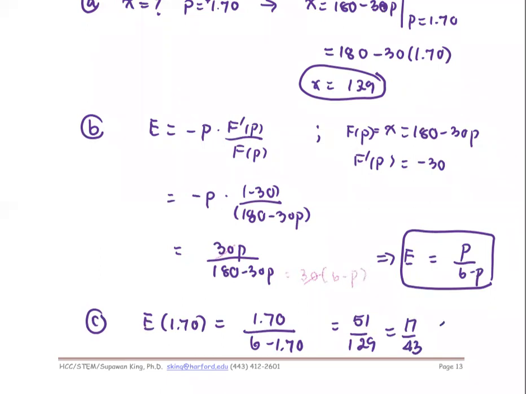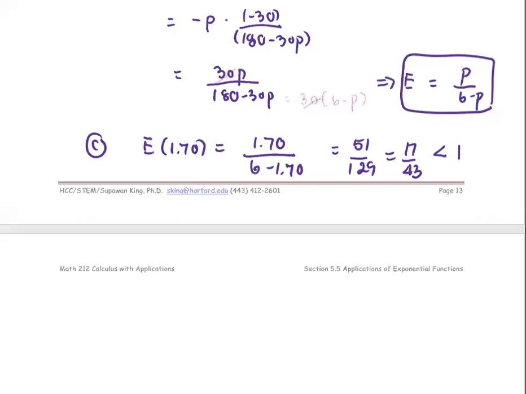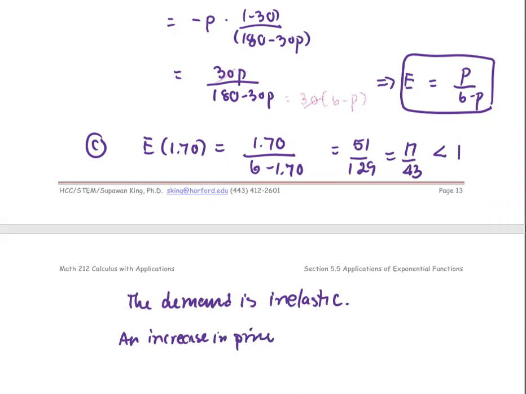We see the number is less than 1. That means the demand is inelastic. And what does it mean? It means that an increase in price will bring an increase in revenue.